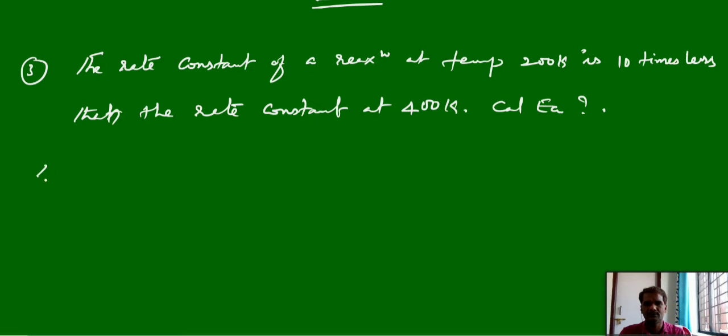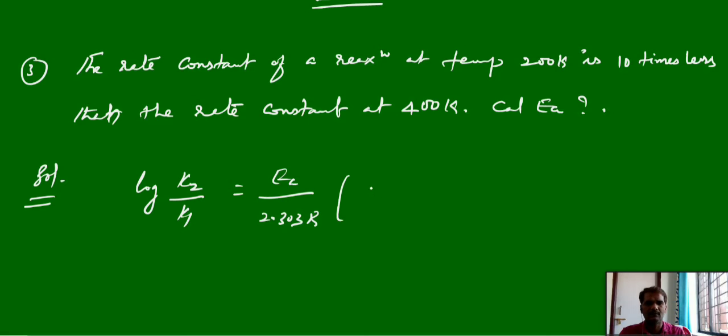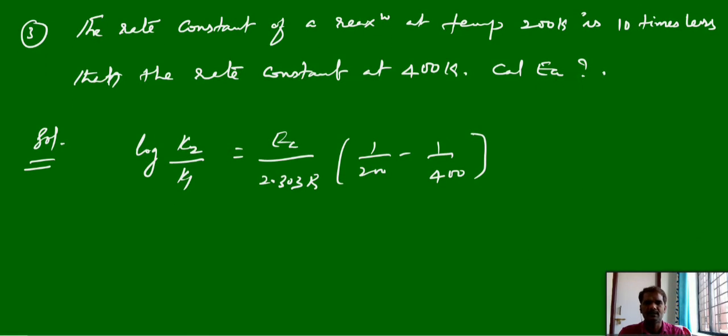So how to do this question? Simple. Log of K2 by K1 is equal to EA by 2.303 R into 1 by T1, 1 by 200, minus 1 by T2, 1 by 400. What is the K2 by K1? At high temperature it is 10 times more, so log 10 means 1 is equal to this one.